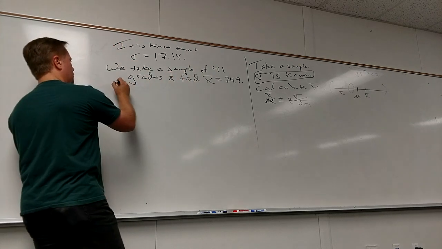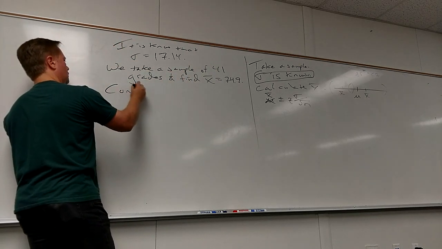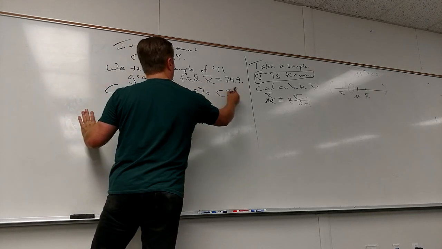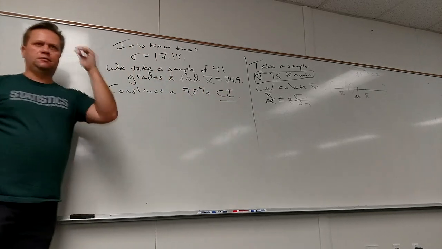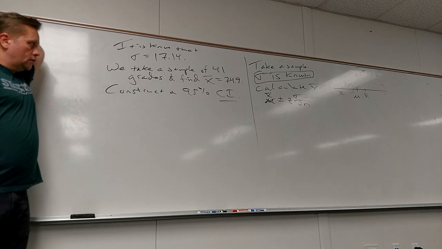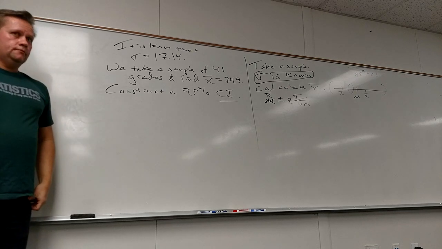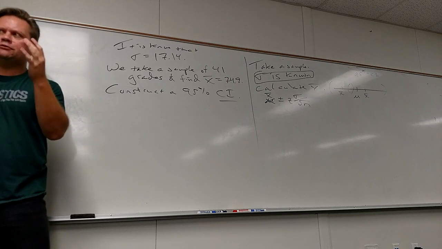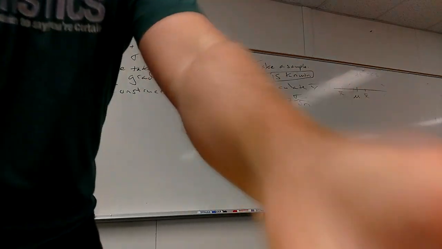So let's construct a 95%, I'm going to call it CI for confidence interval. These problems are very prescriptive, almost like everything we do.